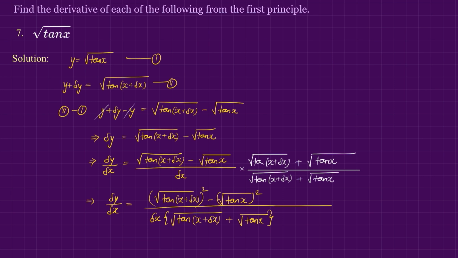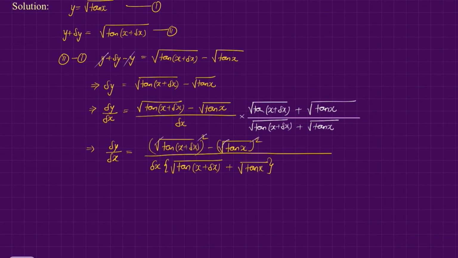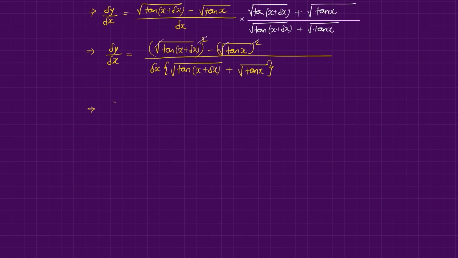In the numerator, as you can see, square root and square get cancelled. So we will have delta y over delta x equals, now this particular tan can be written in the form of sine by cos. So it will be sine of x plus delta x over cos of x plus delta x minus sine of x over cos of x.